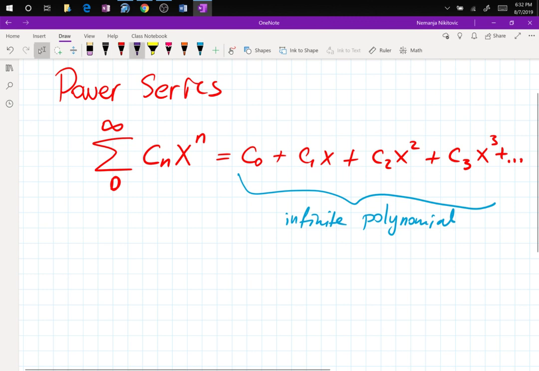Now, these guys can be centered at a value a, and we'll understand later what that means.